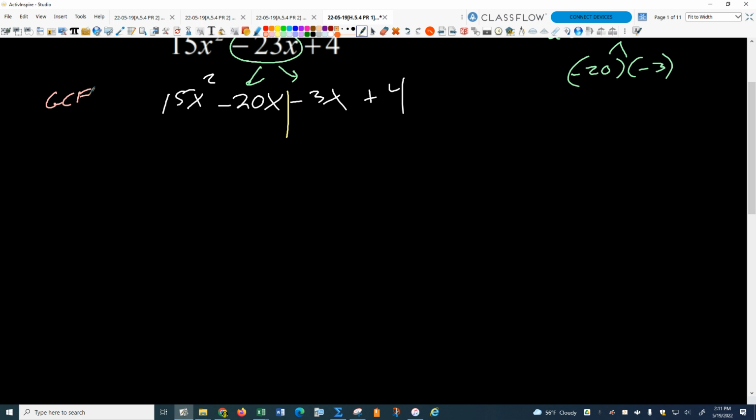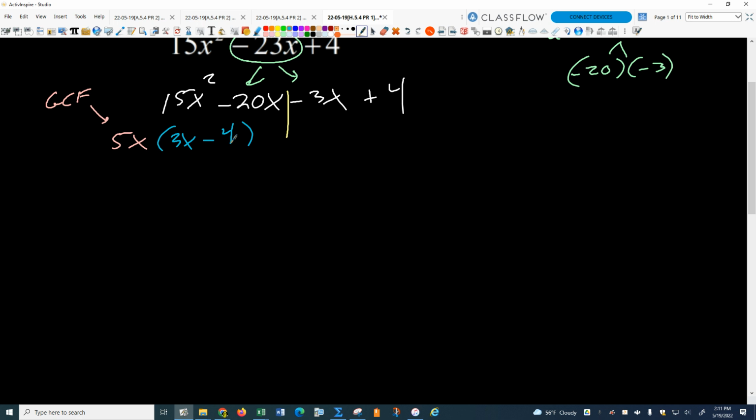Well, we're going to go positive because the leading term is positive, right? So positive 5x. And then what's left behind? Actually, not x, say it again. 3x minus 4.